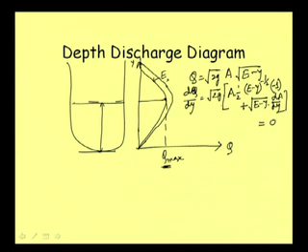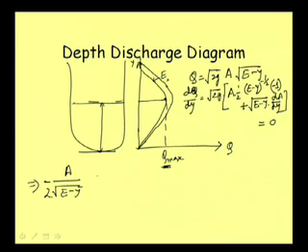So, twice g we can already cancel. This implies 1 by root over E minus y, with a negative sign, and then the 2 and half are there.